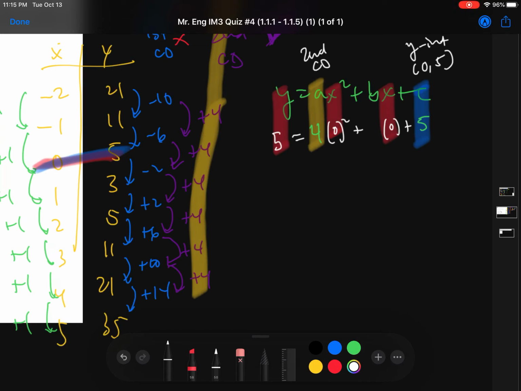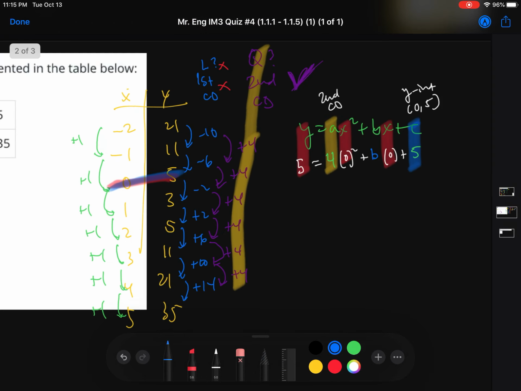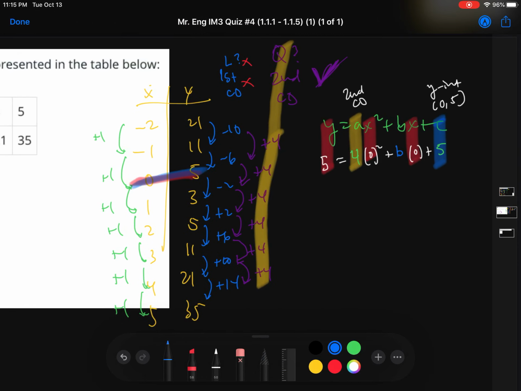Let's put it in a different color. Okay, so we're just basically going to solve for, you know what, I can't pick 0, 5. I can't pick 0, 5 because 0 times b is 0, and then you're not solving for anything. So let's pick a different one.